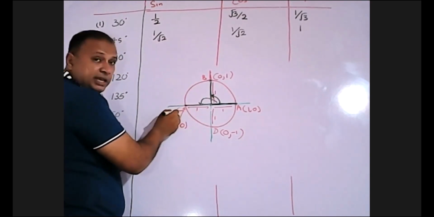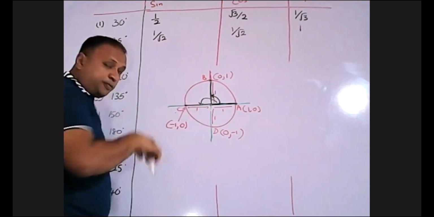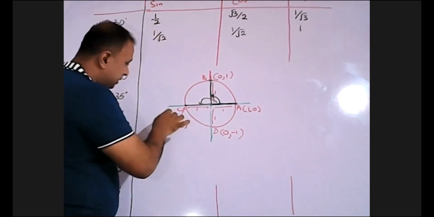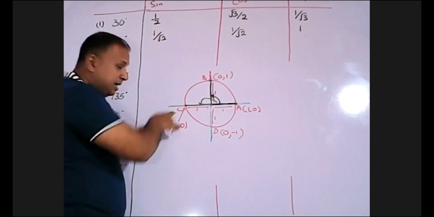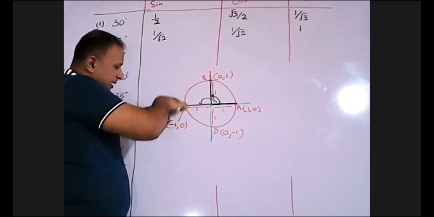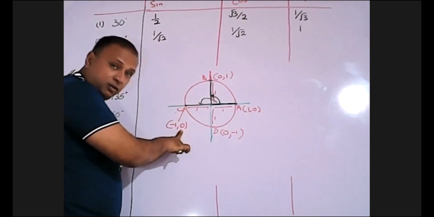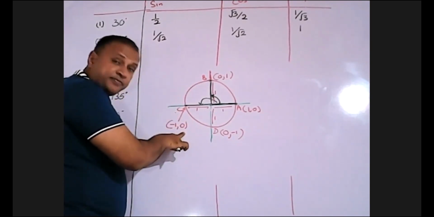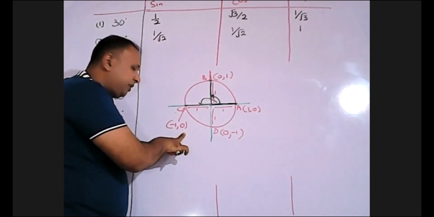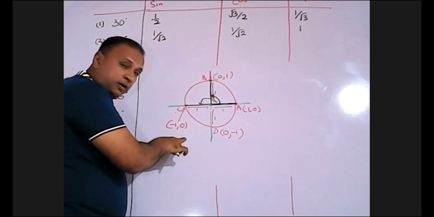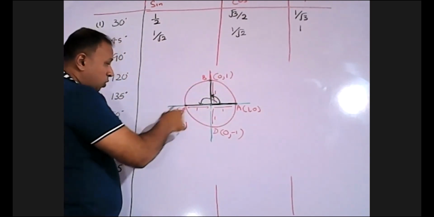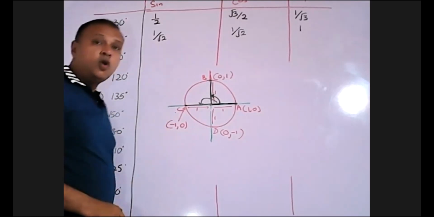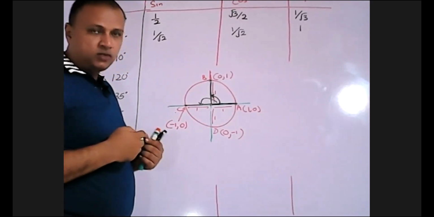If it is 180, what is the corresponding point on the unit circle? The corresponding point is point C. Then the sine value is equal to the y coordinate of the corresponding point. So that is 0. That means sine 180 is equal to 0. Cos 180 is equal to minus 1. Okay.